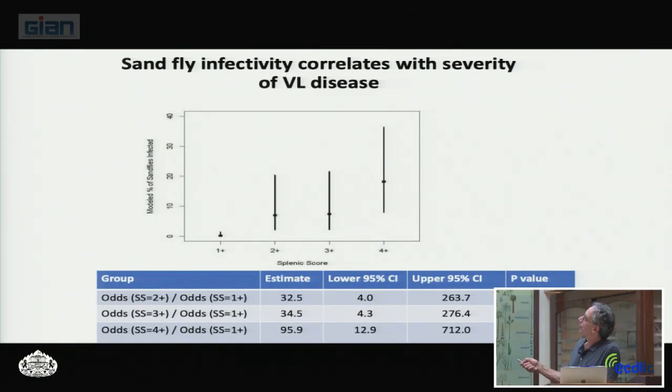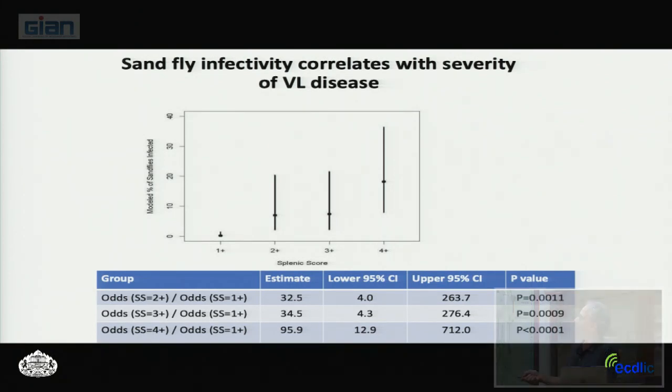So these are the relative odds ratios comparing to the 1+ group. The odds ratios of these other groups. So these 1+s barely.